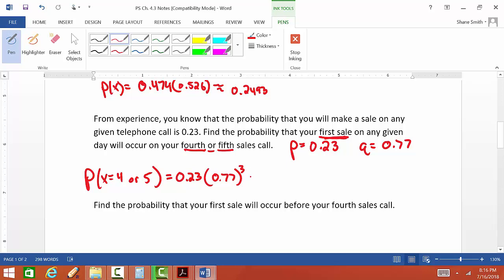So this is the probability of the 4th, plus probably the 5th. Our first sale is successful on the 5th. That's our success. And if our first sale was successful on the 5th, that means we had 4 failures before that. We can put this in our calculator exactly as we see it. And if we do that, we get 0.18959. This is exactly what the formula is.